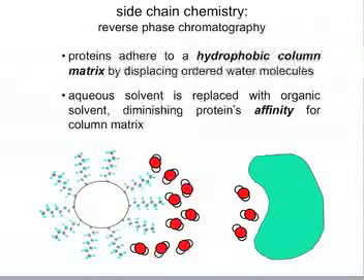And of course, like all purification techniques, we're relying on a variation perhaps in the relative affinity of any given protein for the matrix, so that if there are several proteins stuck to the matrix, one will elute at a different concentration of organic phase than another, thereby achieving a separation.